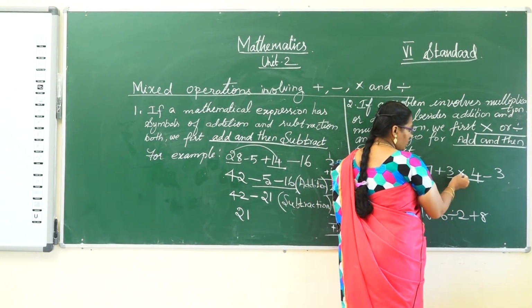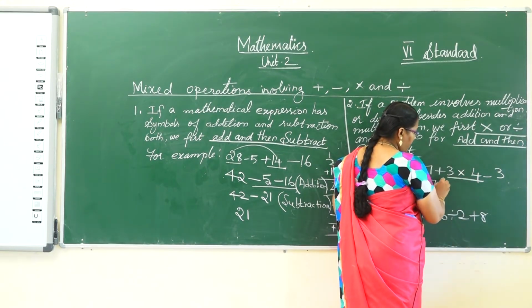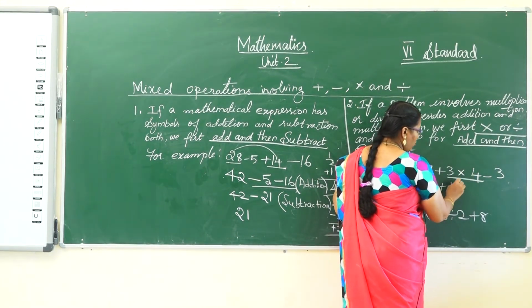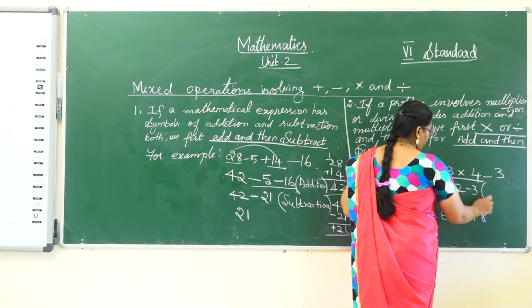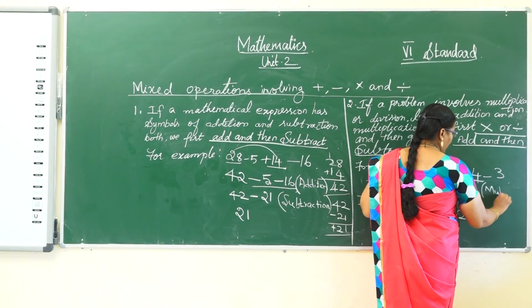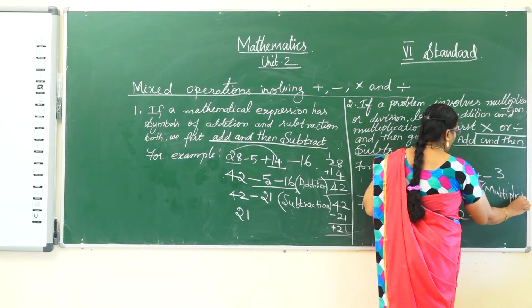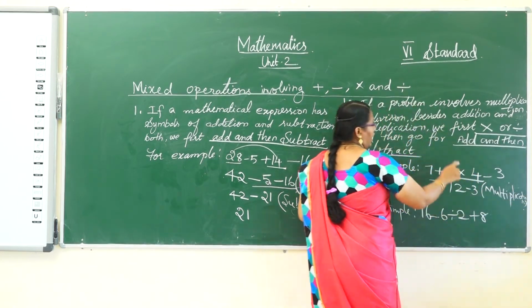So first preference to multiplication or division. Here multiplication is given: 7 plus 3 4s are 12 minus 3. Which operation do we do here? Multiplication, so write it in a bracket. Next preference to add.